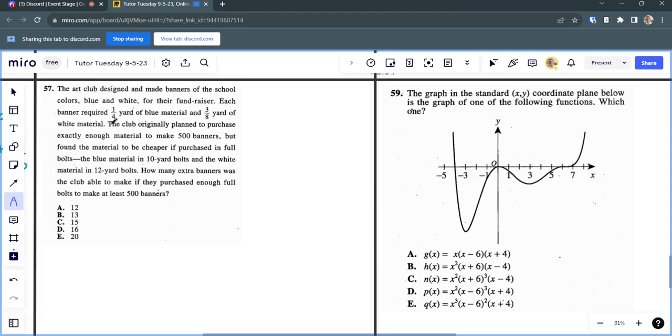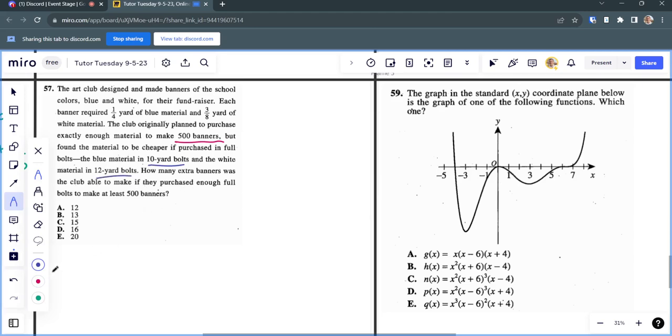Each banner required 1/4 of a yard of blue material and 3/8 of a yard of white material. The club originally planned to purchase exactly enough material to make 500 banners, but found the material to be cheaper if purchased in full bolts, the blue material in 10-yard bolts, and the white material in 12-yard bolts.